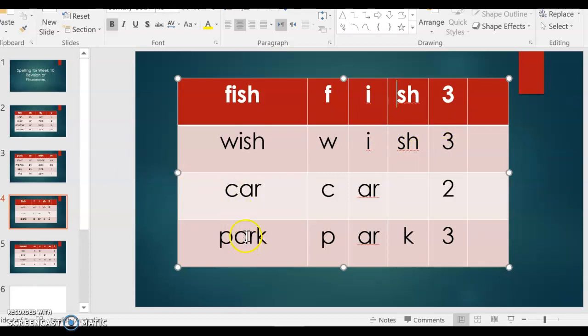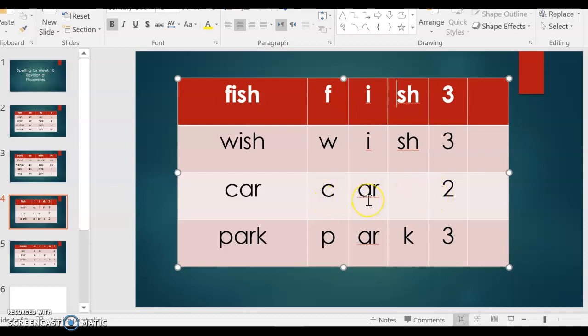The last two words are car and park. So we're focusing on the AR, remember before? But now we're focusing on breaking the word down. So we take k, there's your k, ar. 1, 2 phonemes.